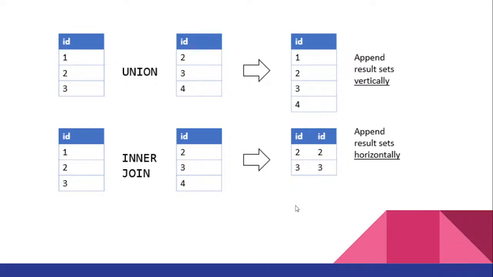So we have null and then 4. When it's a full outer join, you will have 2, 2, 3, 3, which are satisfying the conditions, and you will also have those left out rows, but those rows will have empty null values in them, since they cannot find a join or a value to match with. So it will have 1 null and null 4 also.